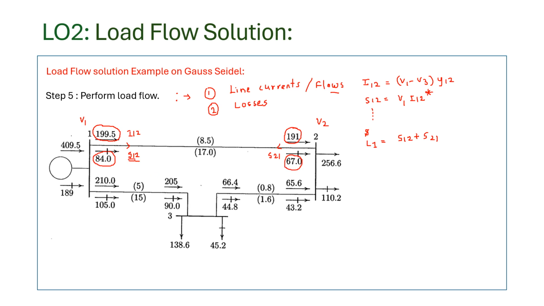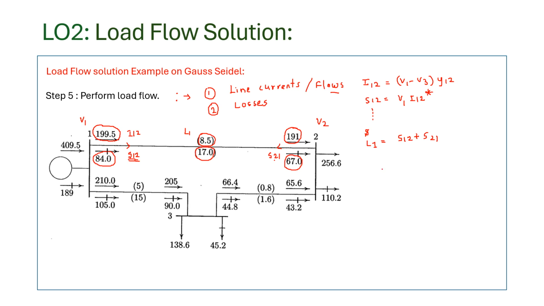If you add S12 plus S21, we get the active and reactive power loss in the system, that is L1. Here you can see 8.5 megawatt is the active power loss in this transmission line and 70 MVAR is the reactive power loss in this transmission line.